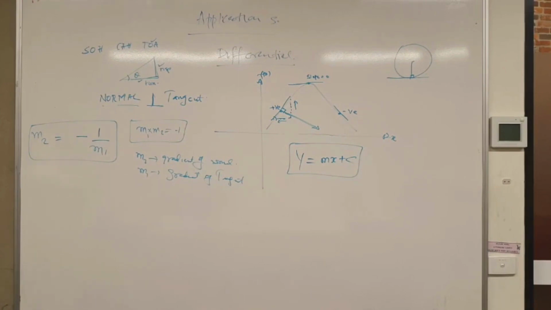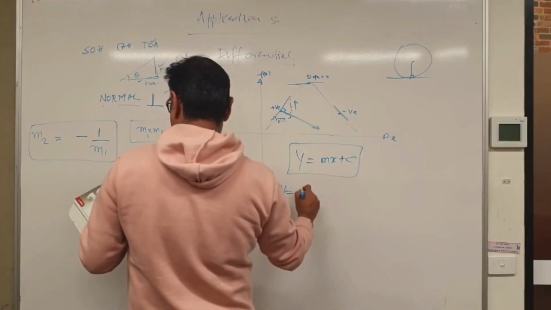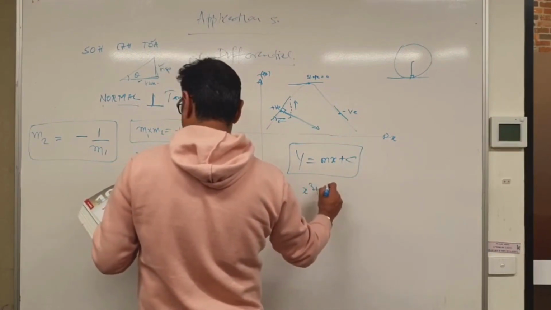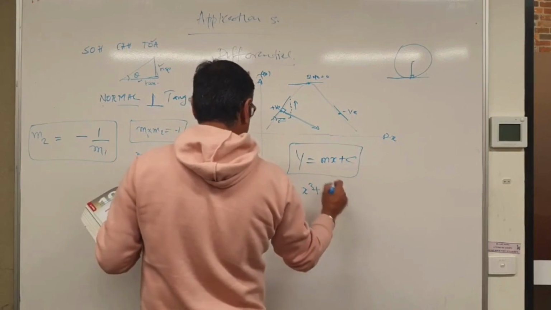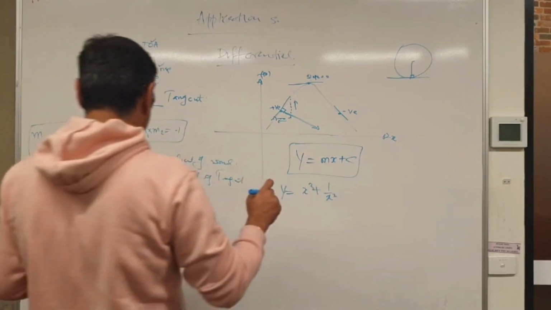Does that make sense? If I ask you that I have a graph, write it down, y equals x cubed plus half x squared, can you find the equation of the tangent?